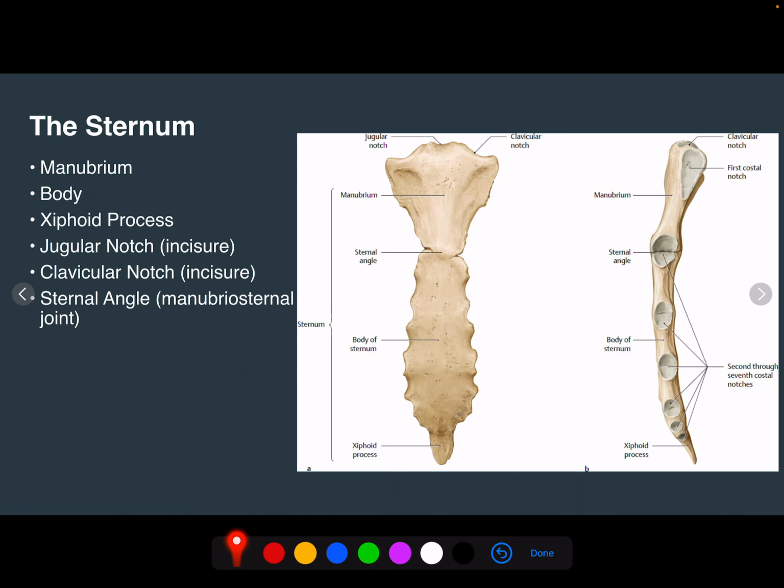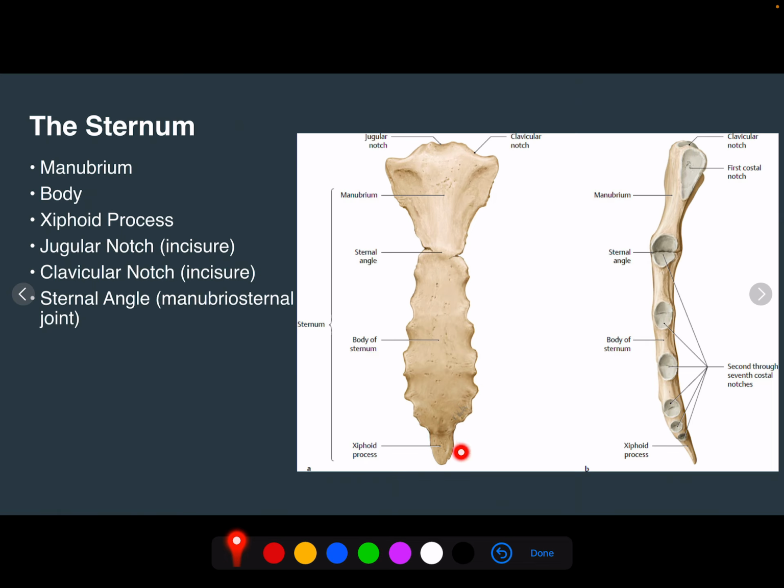The body is going to be this elongated central portion, and that articulates with the costal cartilage of ribs 2 through 7. Okay, we can see that here. This is our first costal cartilage, 1, 2, 3, 4, 5, 6, 7, articulating with the costal cartilage of those 7 ribs.